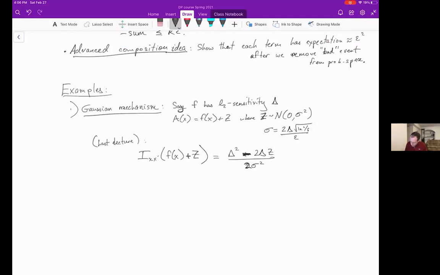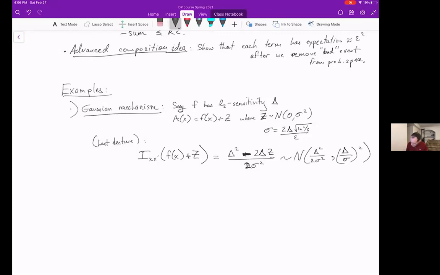Because z is normally distributed, the distribution of this thing is normal with mean delta squared over 2 sigma squared, and variance, if you work it out, delta over sigma all squared.